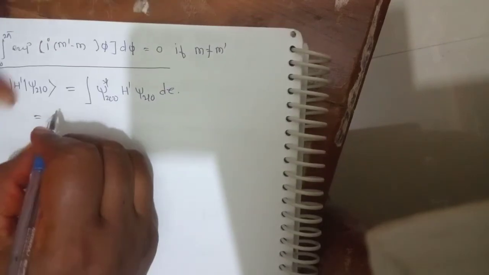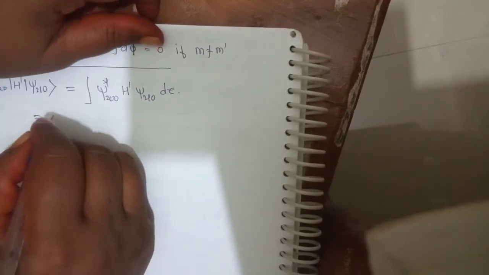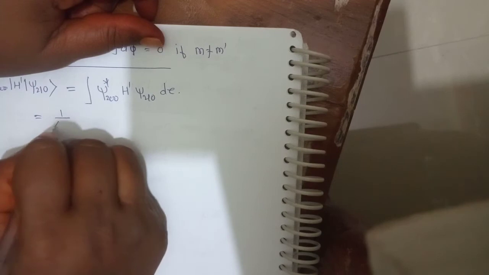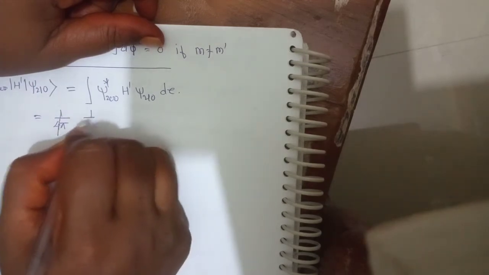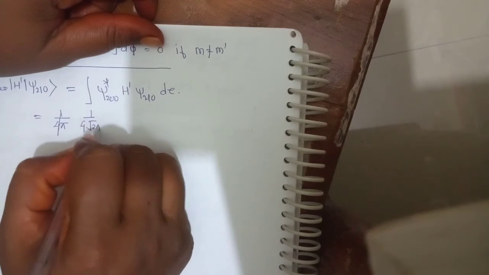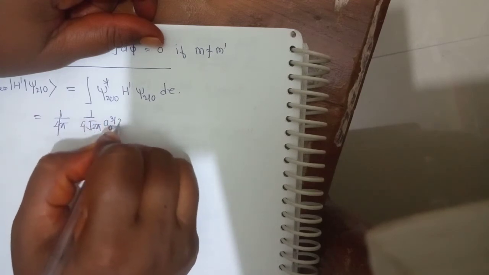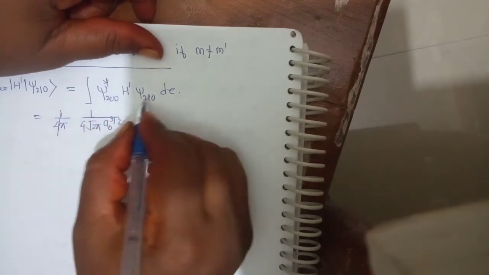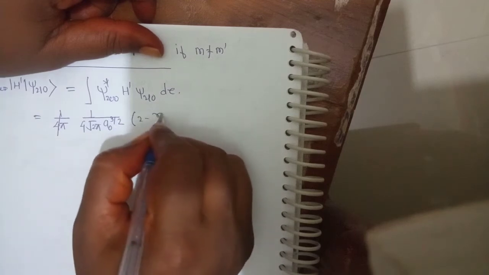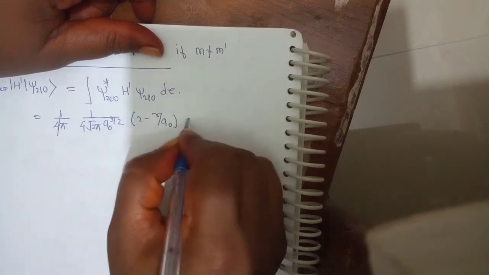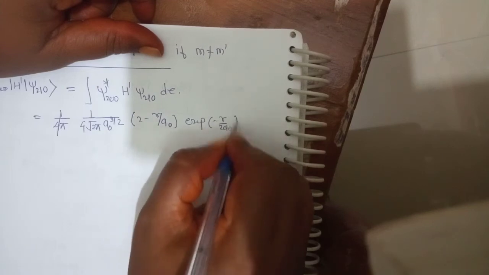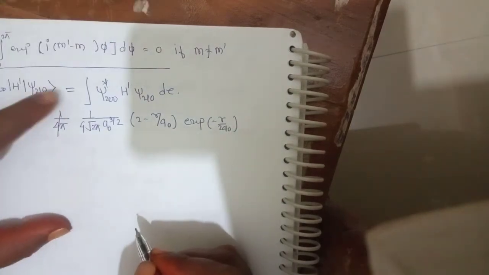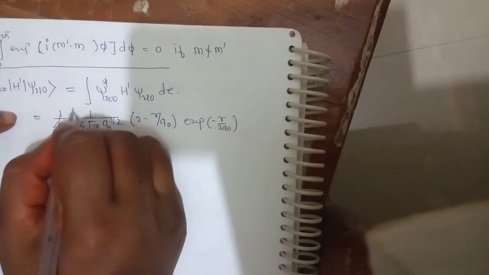Okay, so 1 upon 4 under root 2 pi a naught to the power 3 by 2, (2 minus r by a naught) exponential minus r by 2 a naught. This is psi 200.